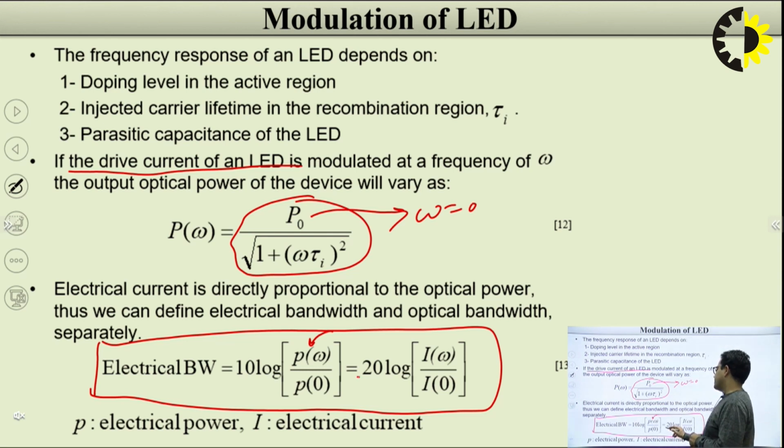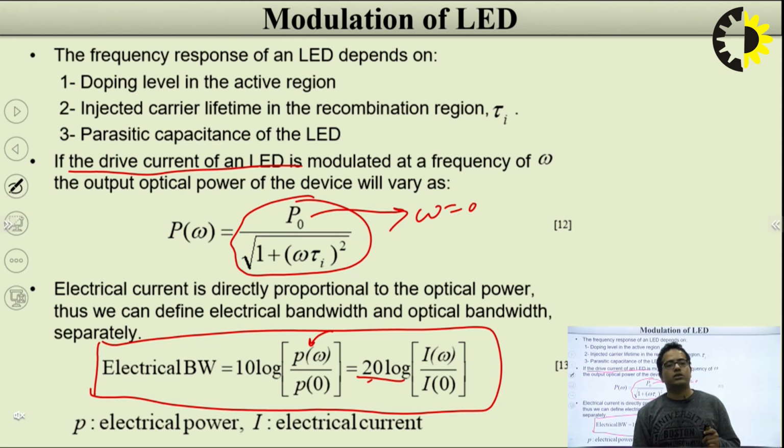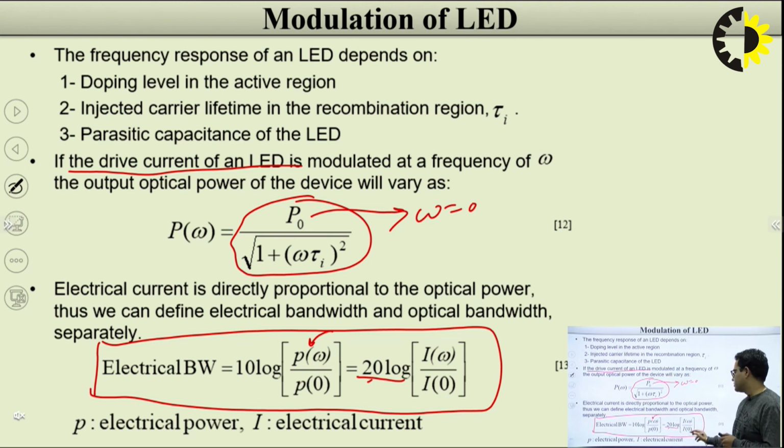So it can also be related in terms of current. Since power is proportional to the square of current, we have 20 log of I omega upon I0, where I omega is the electrical current at the cutoff frequency and I0 is at zero frequency.